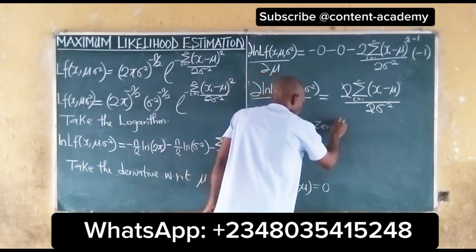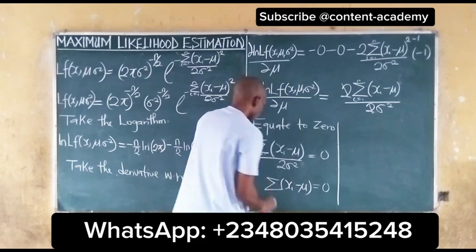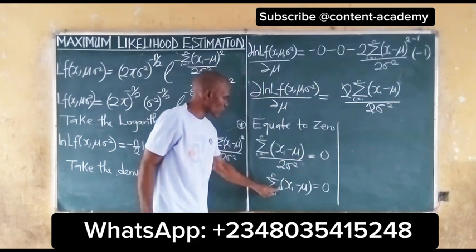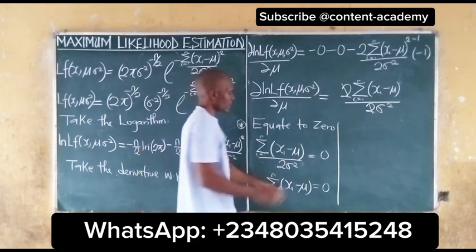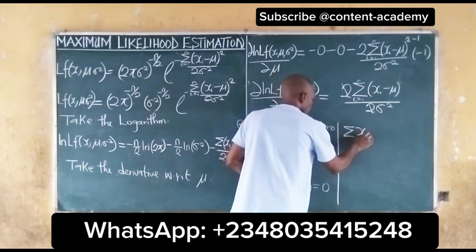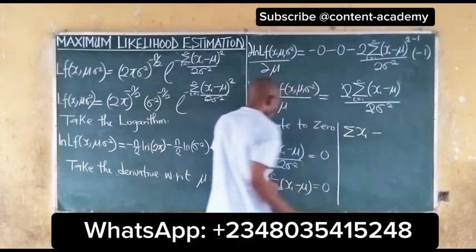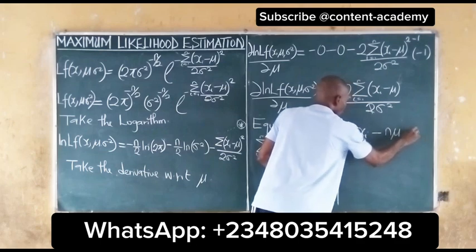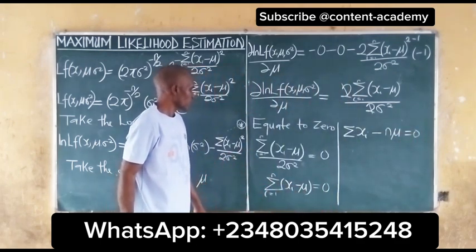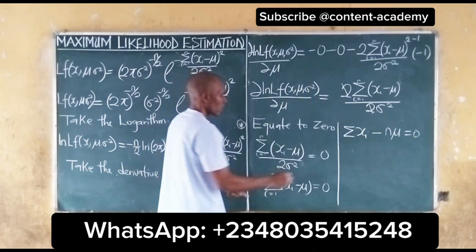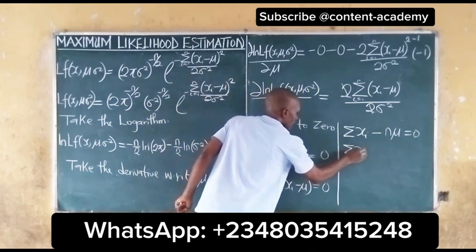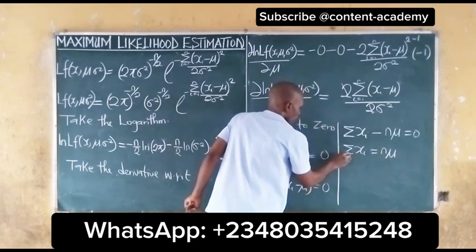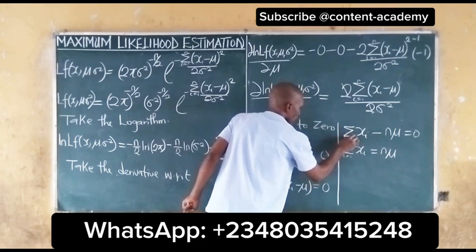Now we can get this here as i runs from 1 to n. If you take the sum of this, we get summation of xi minus, if you take the sum of the constant, we get n times that constant, equal to 0. Then we can rewrite this as summation of xi equal to n mu, as i runs from 1 to n.